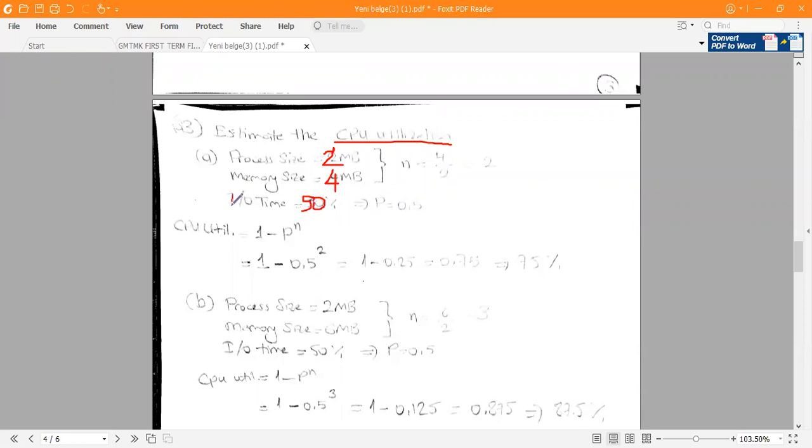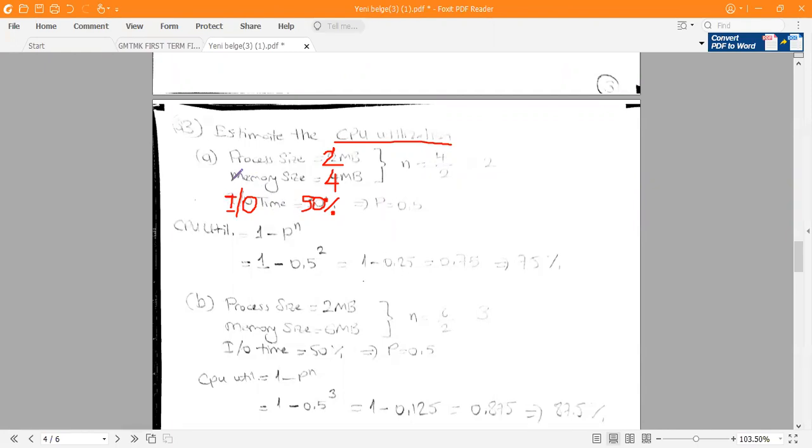What does this mean? Half of the execution time, I mean the burst time, will be wasted by input output.